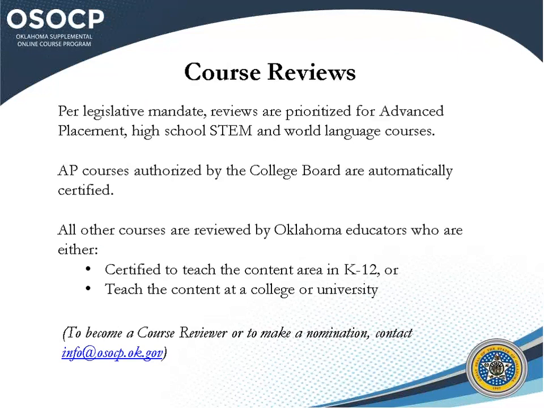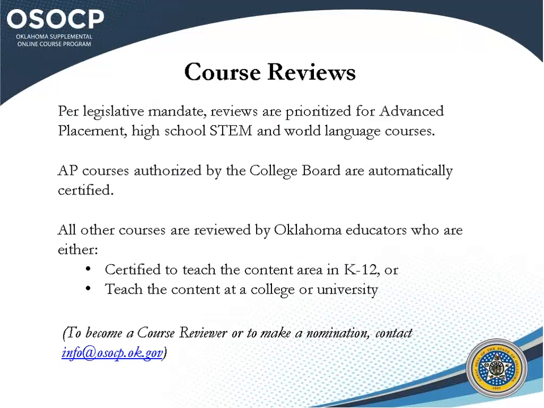So as you would imagine, the bulk of our time is spent doing course reviews. Per legislative mandate, reviews are prioritized for advanced placement, high school STEM and world language courses. And we do have a process whereby all AP courses that are authorized by the College Board are automatically certified. So if there's an AP course in the online course catalog, it is automatically state certified.